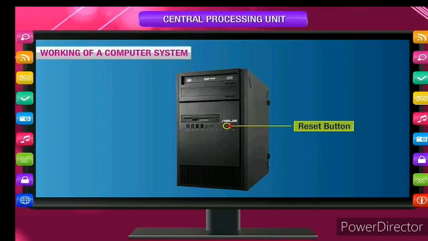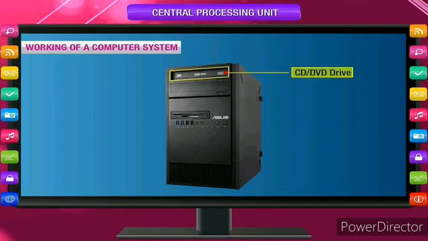Reset button: it is used to reset or restart the personal computer without switching off. CD or DVD drive: normally, it has a combo drive which can be used to read and write information from and to a CD or DVD.